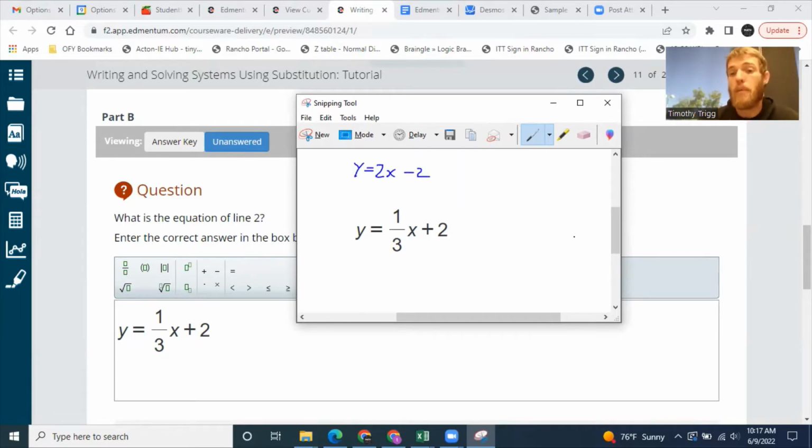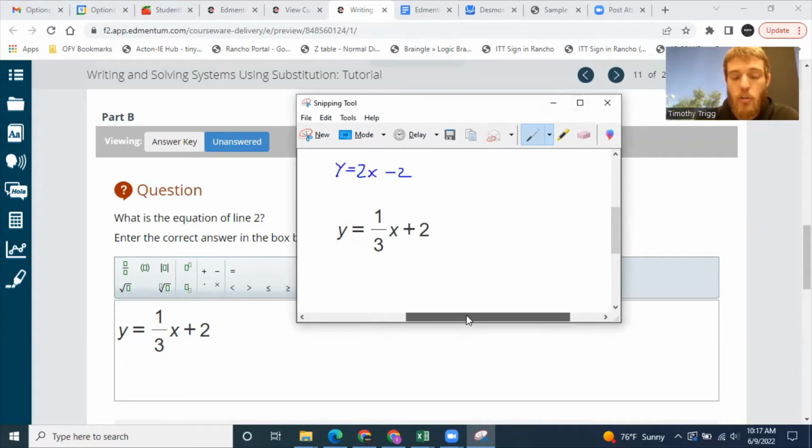So here are my 2 equations. Now I want to use substitution to find the solution for the system. What I notice is they both say y equals. This one says y equals 2x minus 2, and the other one says y equals 1/3 x plus 2.